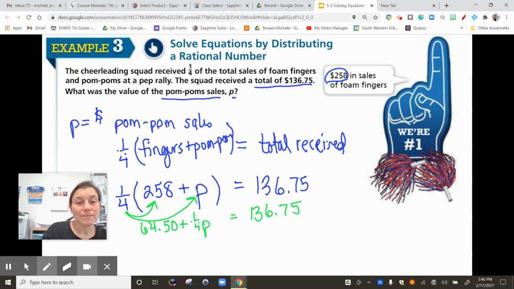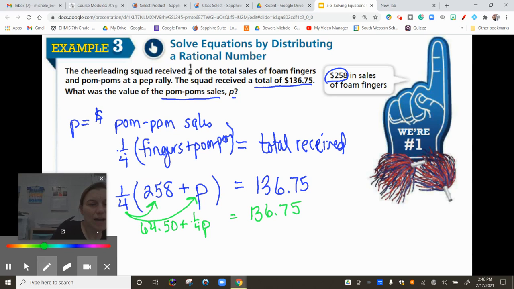That means they made $64.50 off of the foam fingers, and they made some off of the pom-poms. And we're going to figure out how much they made off of the pom-poms, and that's going to help us figure out how much were the actual sales of the pom-poms, since they only made 1/4 of it. So to solve this now, I'm going to subtract the constant from both sides.